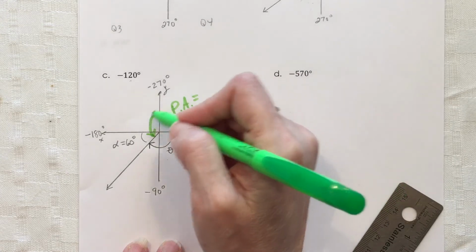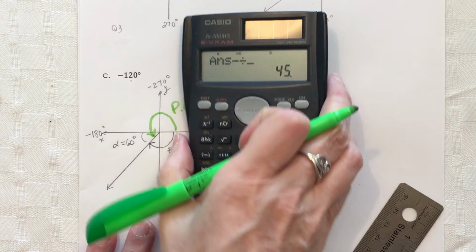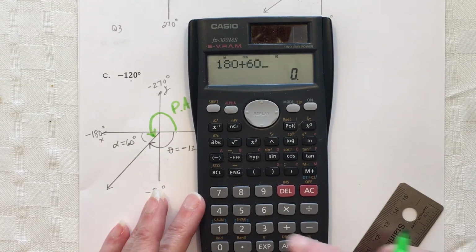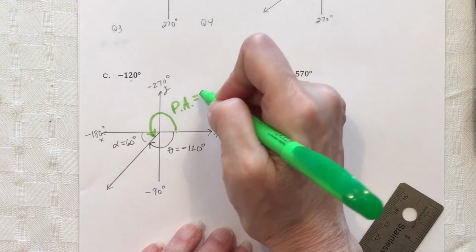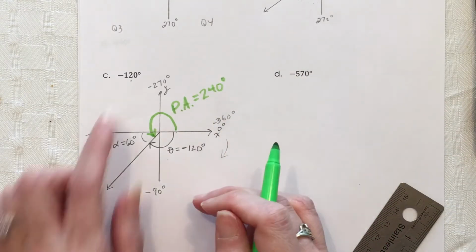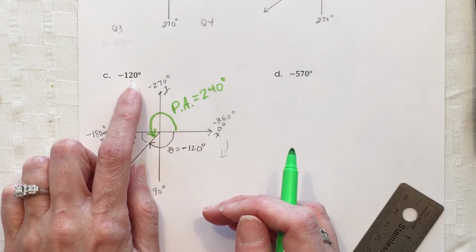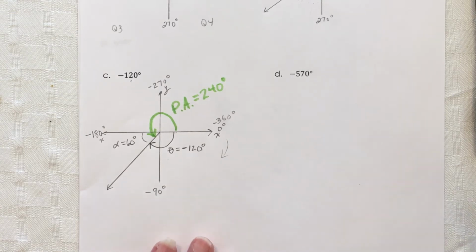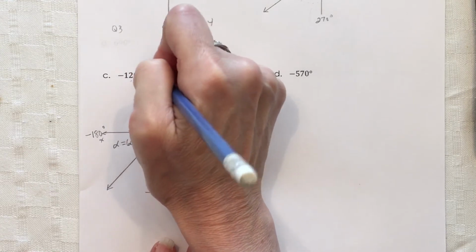And I can reason it through. It's going to be 180 plus 60, just adding alpha, which gives me 240 degrees. Or you could think of, since negative 120 is a negative number, instead of subtracting 360 like we did with our angles that were bigger than 360, we could add 360.